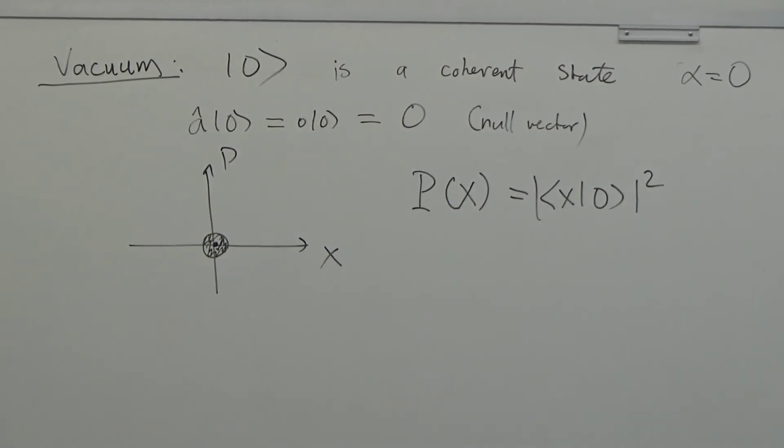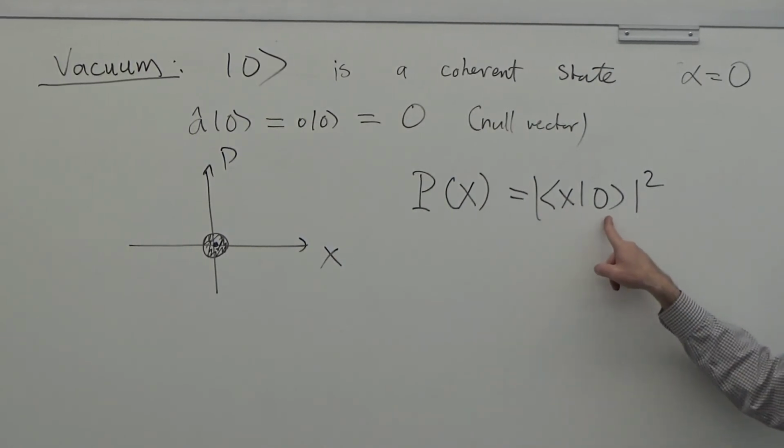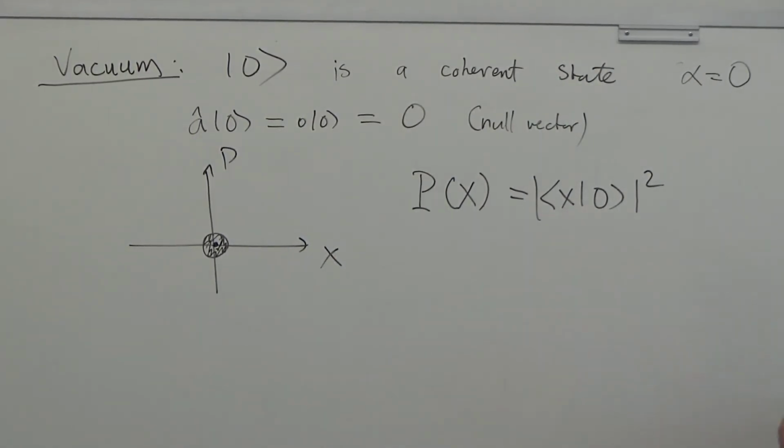What do I mean by this? Well, look at this, this is an eigenvector of the quadrature operator, also known in the harmonic oscillator as the position operator. These are the position eigenvectors, right?